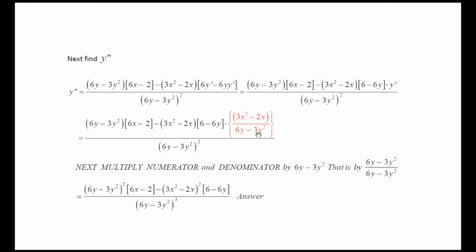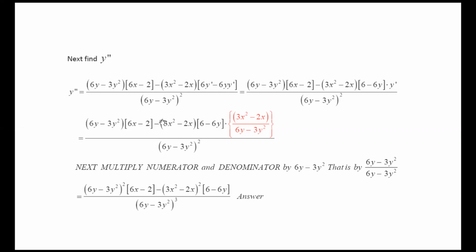Okay? Which in this case, we're going to multiply the numerator and denominator by 6y minus 3y squared. When we multiply this quantity by 6y minus 3y squared, that gives us 6y minus 3y squared times itself, so that's this.